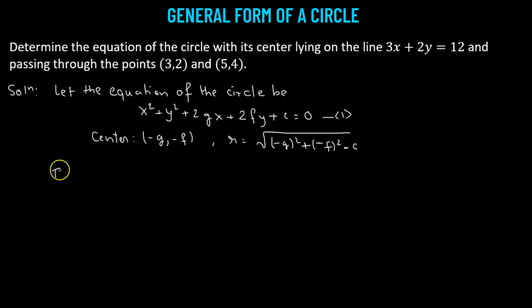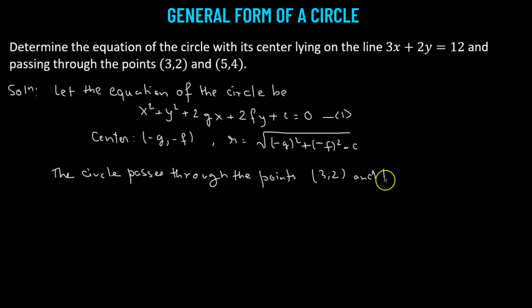Now, coming to the conditions that the circle is passing through two points. Here, the circle passes through the points (3, 2) and (5, 4). That means these two points are going to satisfy equation number 1. Let's start with the point (3, 2). All we have to do is substitute x with 3 and y with 2.